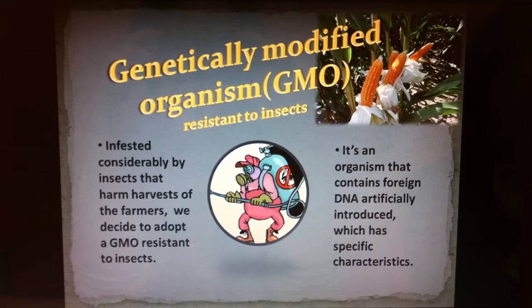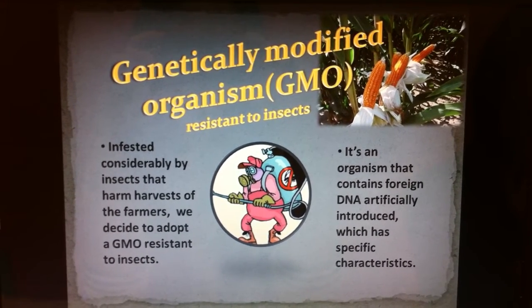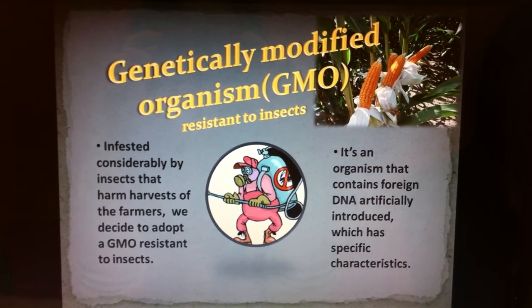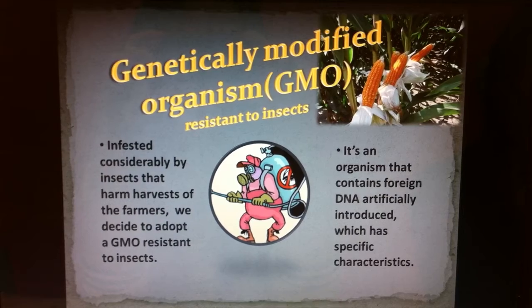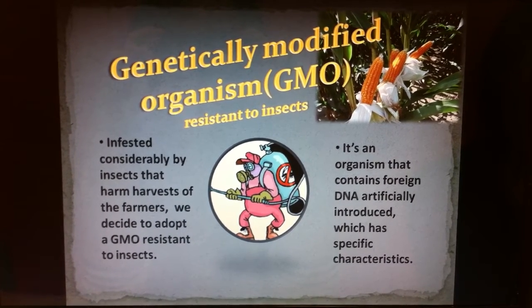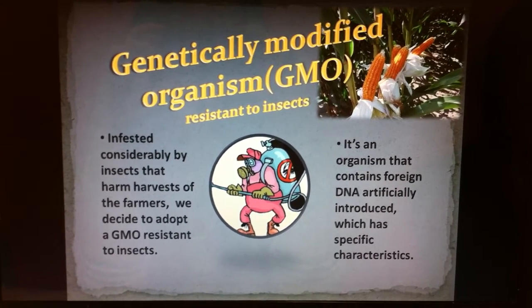Since several cultures were infested considerably by insects that harm the harvests of the farmers, we adopted a genetically modified organism resistant to insects. It's an organism that contains foreign DNA artificially introduced.